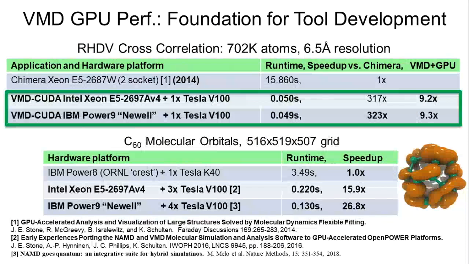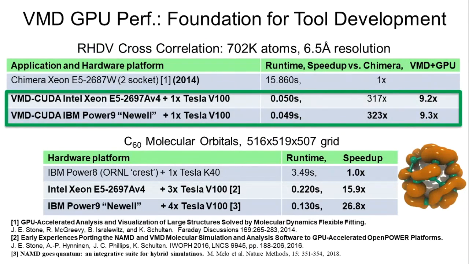We've put a lot of energy into GPU acceleration. VMD is probably the predominantly GPU-accelerated molecular visualization and analysis tool at this point. Just to give you an example, those cross-correlation calculations for a 700,000 atom rabbit hemorrhagic disease virus, doing one of those calculations with Chimera, which was at the time the best tool we knew of, in 2014, would take about 15 seconds.